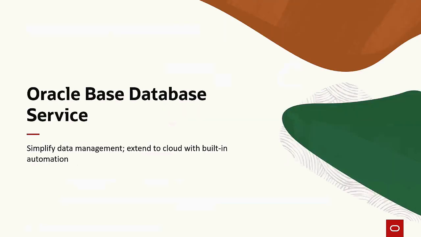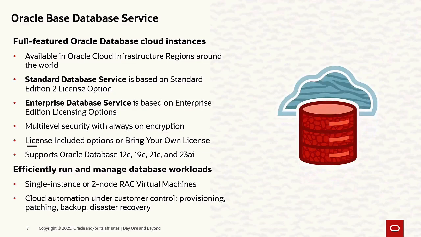Now here we are starting with Oracle base database service, the very first service we saw in the previous slide. This service provides you the ability to deploy full-featured Oracle databases in the cloud. It runs Enterprise Edition and Standard Edition workloads on flexible VM shapes in Oracle Public Cloud. It provides automated database lifecycle management, which reduces administration, and also compute scaling with pay-as-you-go.